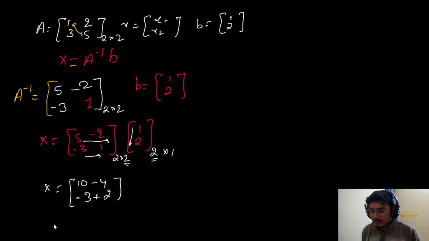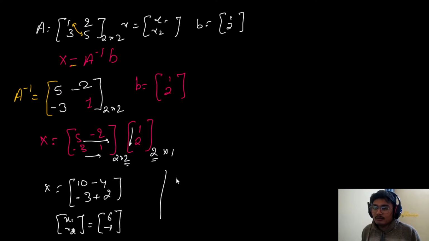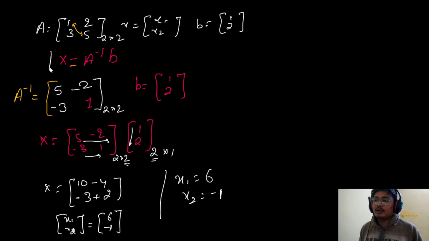We have X matrix as x1 and x2, and we get 6 and minus 1. So by comparing, we get x1 equals 6 and x2 equals minus 1.